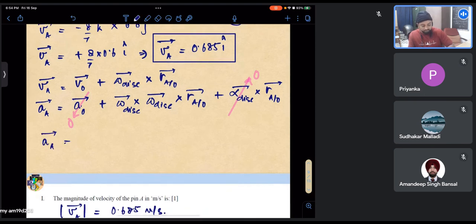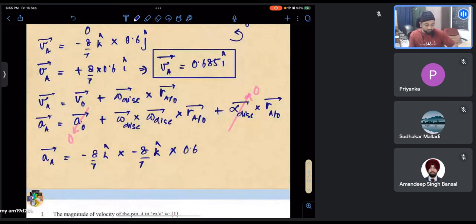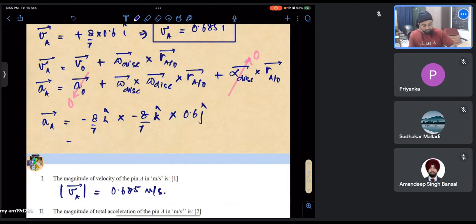So we are essentially dealing with only one quantity here. Acceleration of A is nothing but minus 8 by 7 k cap cross minus 8 by 7 k cap crossed with, as we saw, 0.6 j cap. So when we take cross products consecutively, it is nothing but negative of the product, and then we retain the unit vector there.